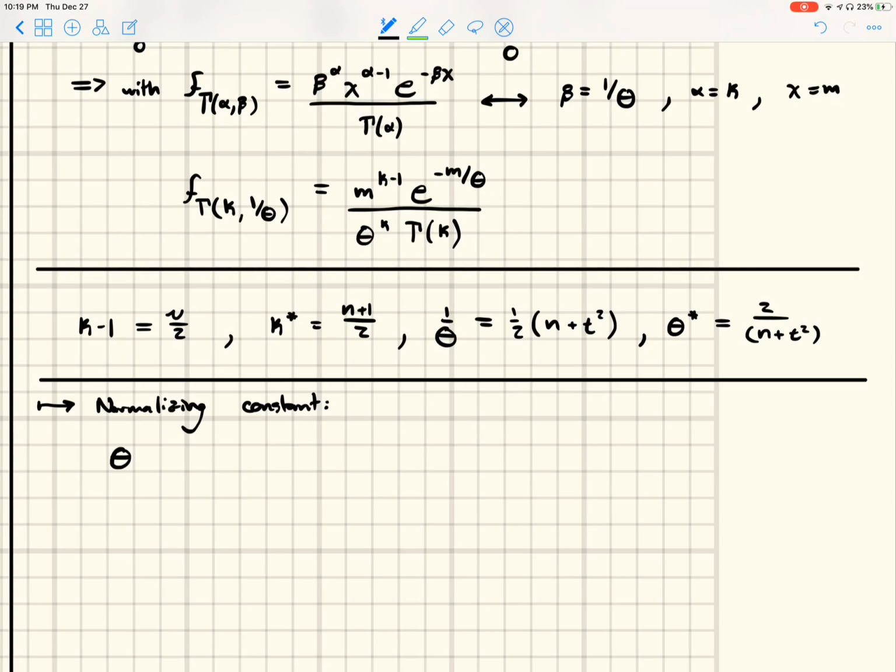This normalizing constant is theta star raised to the k star times gamma of k star. And if we multiply the integral and divide the integrand, that allows us to write this, which will be intuitive once we get to the end here.